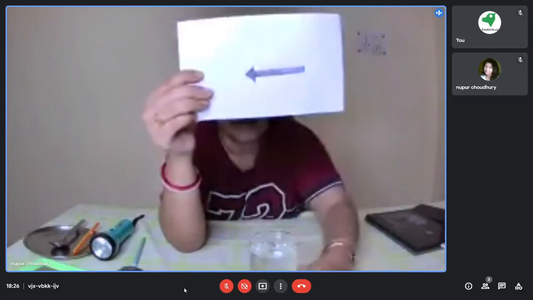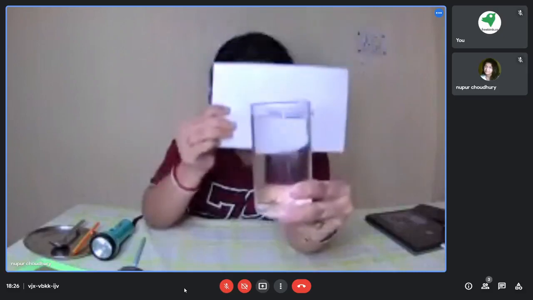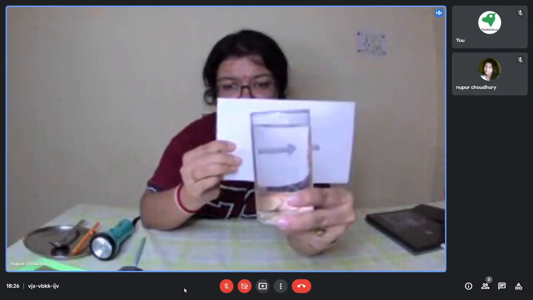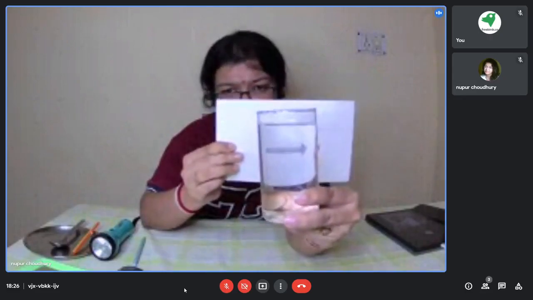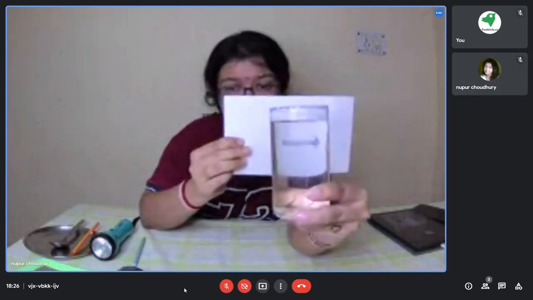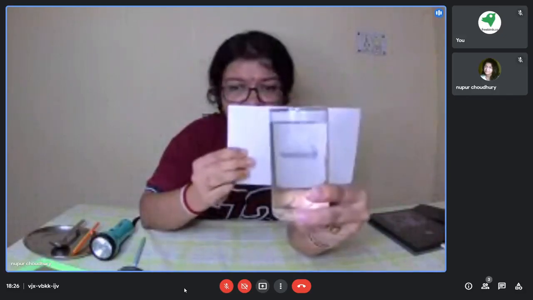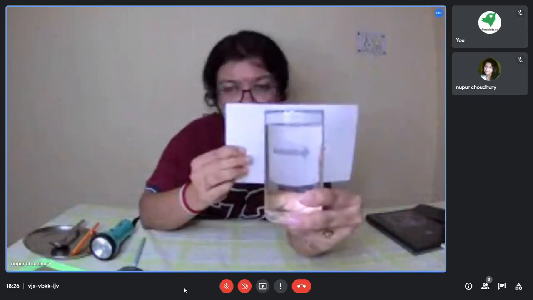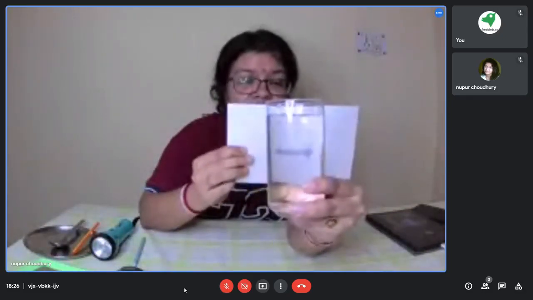Now if I look at this arrow from within a glass, the arrow gets reversed. It is now pointing from right to left. Why is this happening? Because this arrow is emitting light which travels from air to water, and we are checking things from behind and through the glass.